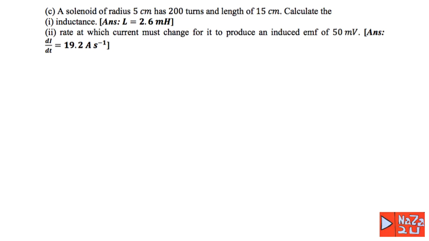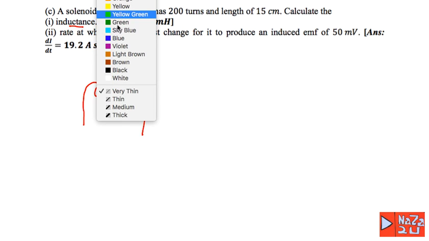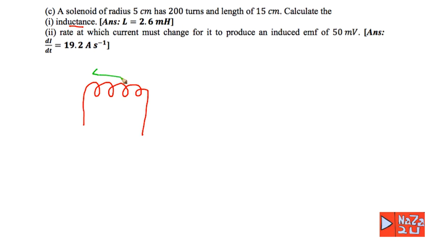Number C: a solenoid of radius 5 cm has 200 turns and a length of 15 cm. Calculate the inductance. Let's say you have a solenoid here, and the length of the solenoid is 15 centimeter.